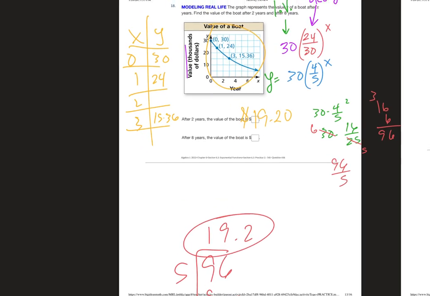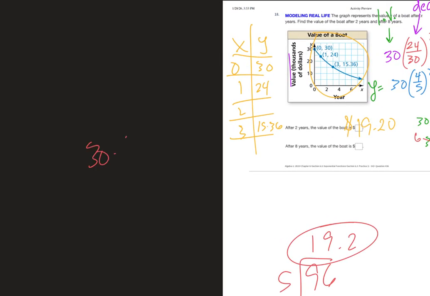Now this next one I'm not looking forward to because it's 30 times 4/5 to the 8th power. 4 to the 8th power is 65,536. Cool. And 5 to the 8th power is 390,625. Cool.